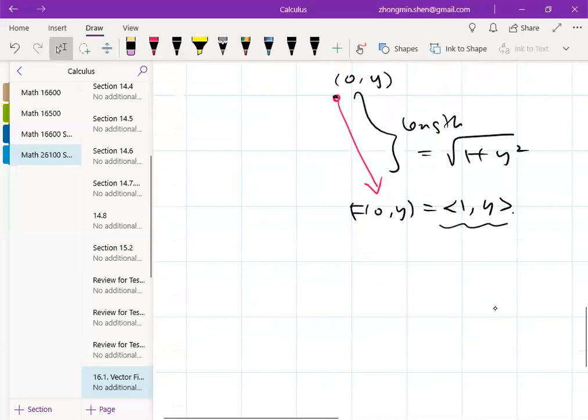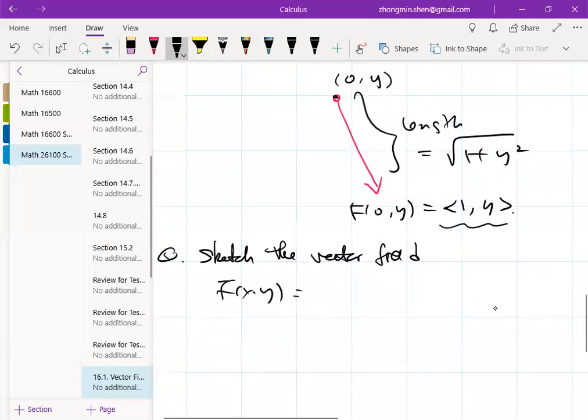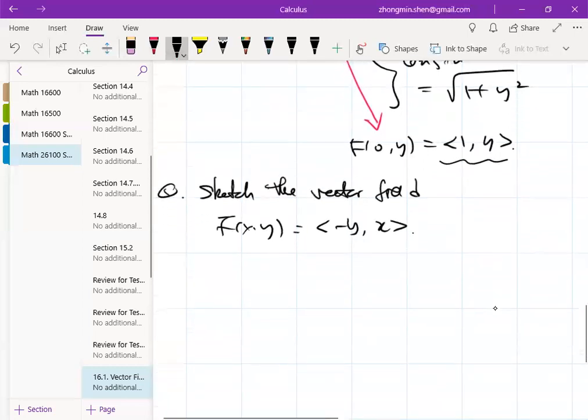Another interesting problem is to sketch the vector field F(x, y) equals (negative y, x).